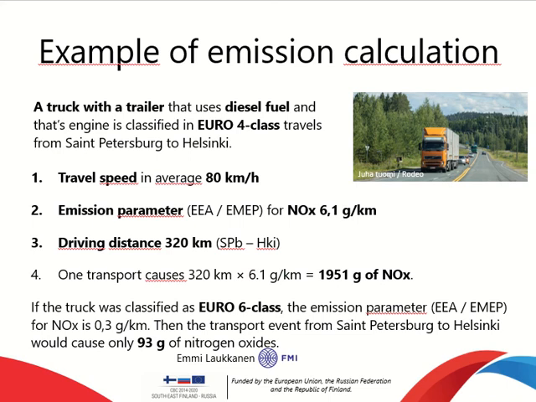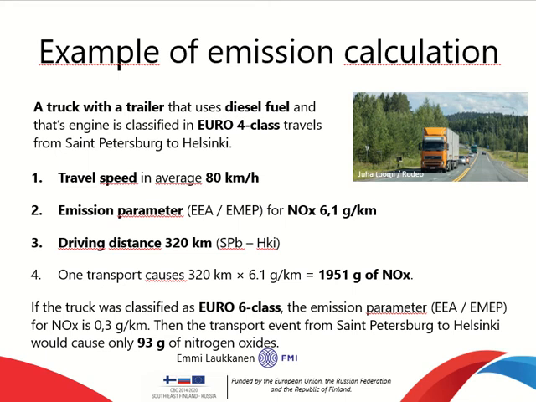This is one simple example of the emission calculations. One application of emission calculation studies would be to find out how much emissions one transport event causes. A truck with a trailer that uses diesel fuel and whose engine is classified in Euro 4 class travels from St. Petersburg to Helsinki.